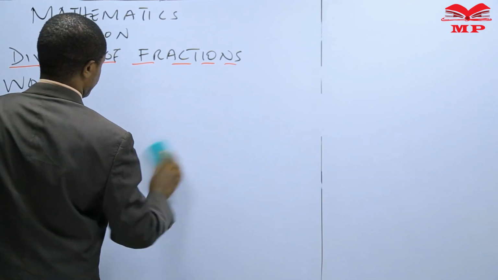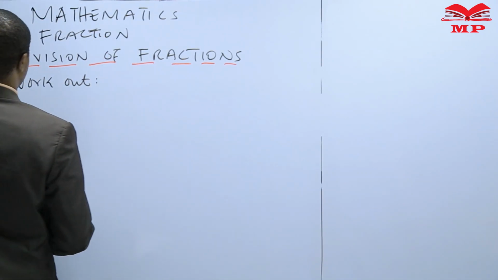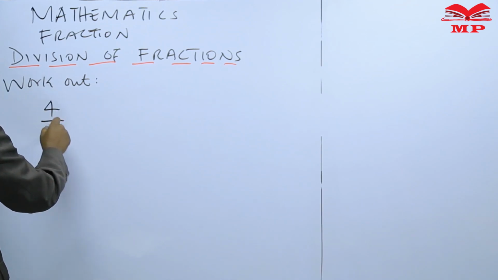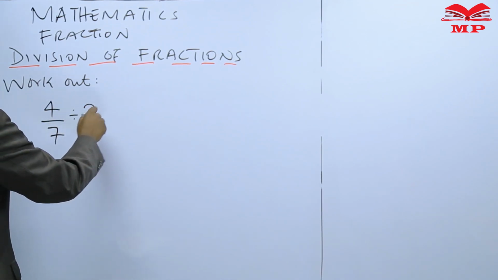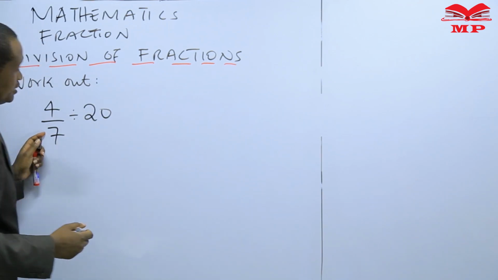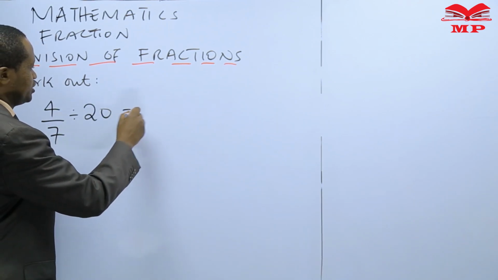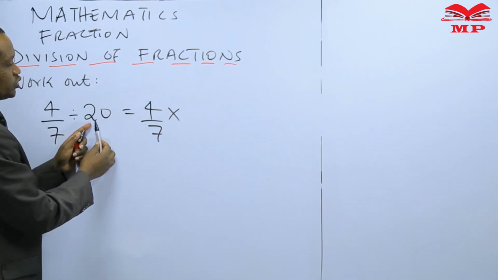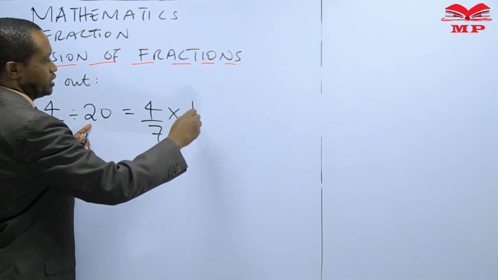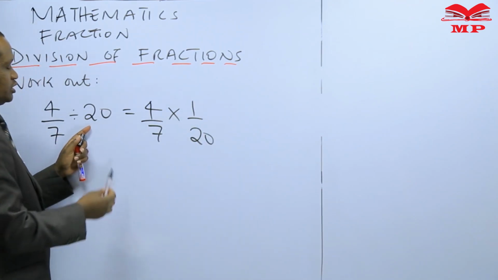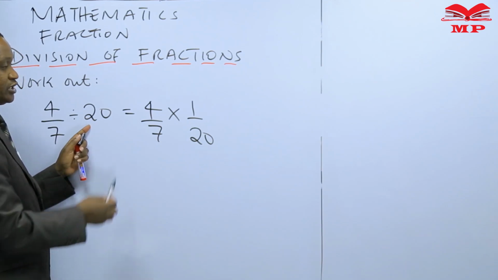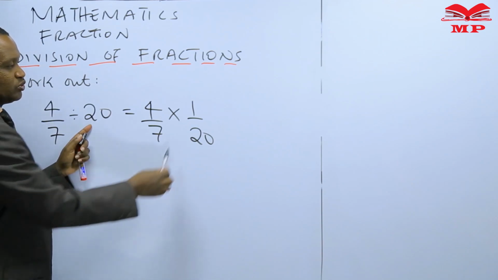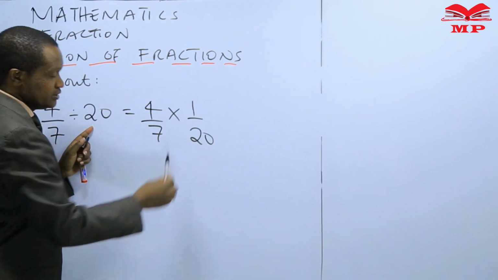Second example. Example 2. Work out 4 over 7 divided by 20. 4 over 7 divided by 20 will be equal to 4 over 7 times the reciprocal of 20, which is 1 over 20. 20 is a whole number. The reciprocal of a whole number, like 20, will be 1 over the same number.